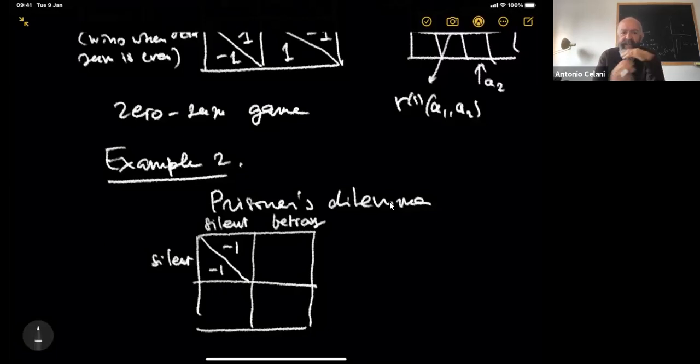Okay. So in this case, if player 2 betrays, it goes free. Okay, and the other one gets 3 years of jail. And clearly the situation is symmetrical in this case.